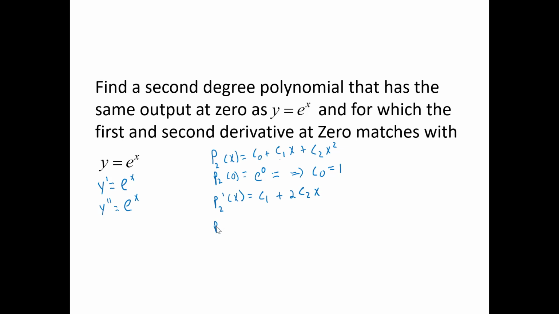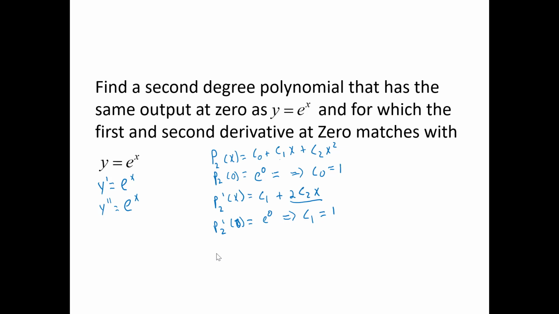So when you want your first derivative of your polynomial to equal your first derivative of your function at 0, that means when you put in 0 for x over here, this term will go away, and you'll just get c1. And then over here, you will get 1. And so c1 is also 1.